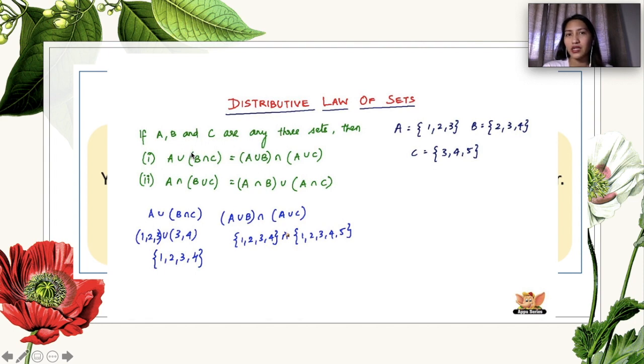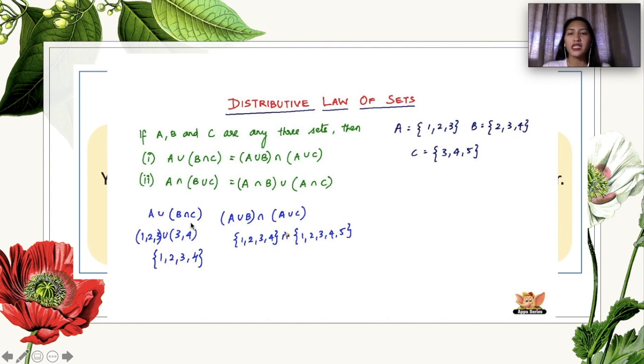Kailangan, ganun mo talaga siya ipaprocess. Kukunin mo muna yung A union B, then A union C, tapos kukunin mo yung intersection. So, let's go back here. So, we have here 3 and 4. Tapos, yung A is 1, 2, 3. So, A union, yung lumabas dito na result, which is 3 and 4, is 1, 2, 3, and 4.